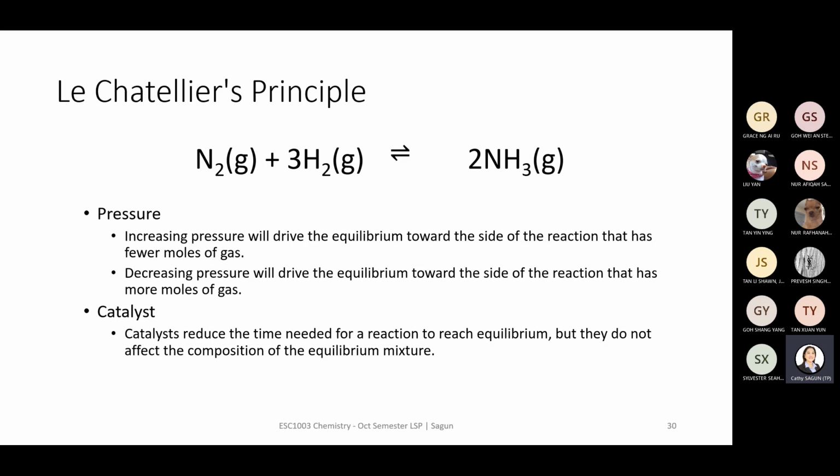Okay, I have added the catalyst there. It will not move here or here. No, it will still be the same. But let's say this reaction takes 3 hours. If I put a catalyst, then it can be completed in, let's say, 0.5 hours. It does not do anything except to speed up the reaction.